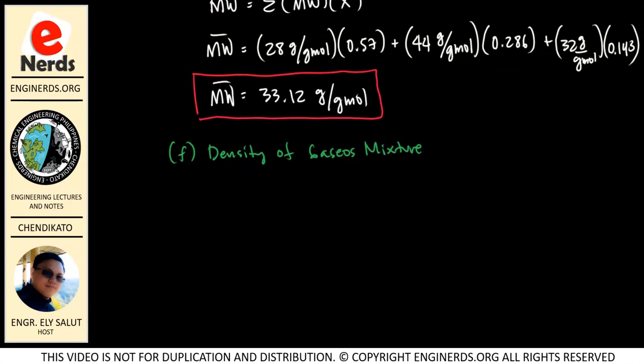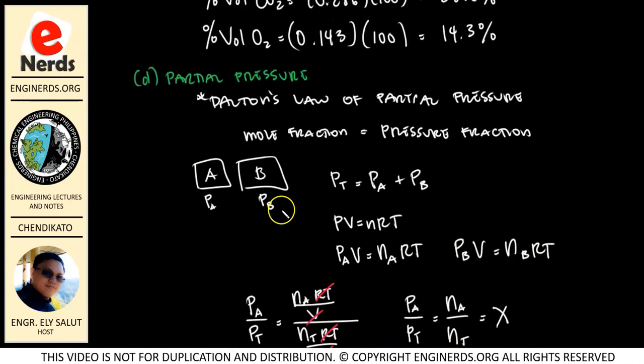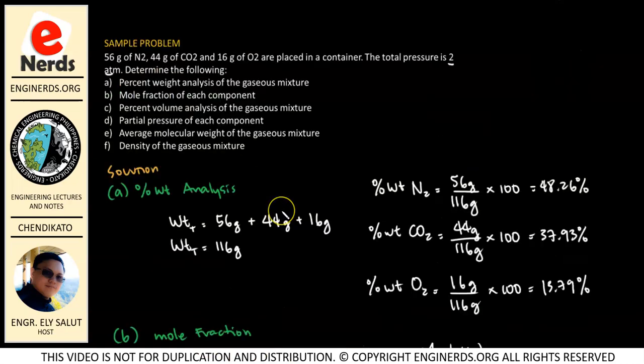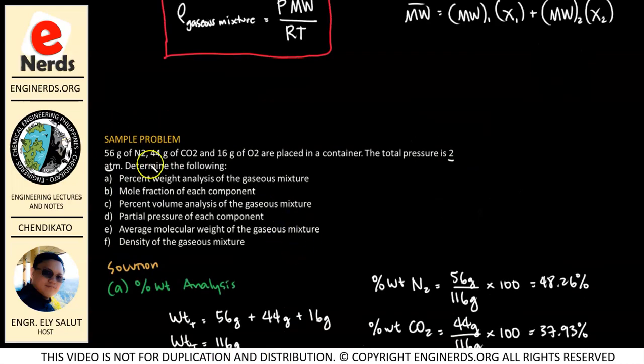Okay, so sabi natin kanina, no, yung ating formula in getting the density of the gaseous mixture is equal to the total pressure times the average molecular weight divided by RT. Okay, so it seems may kulang sa ating given. Dapat given yung ating temperature here.